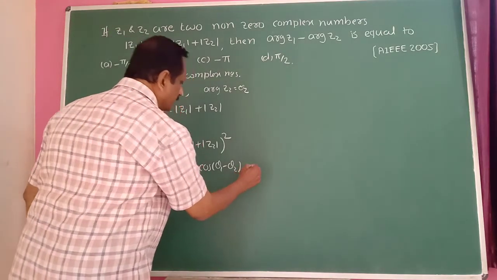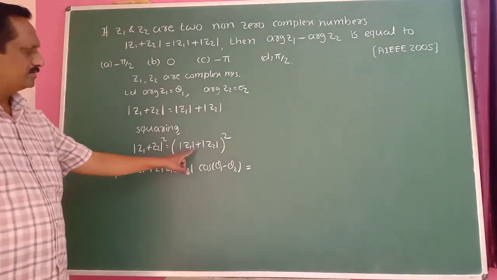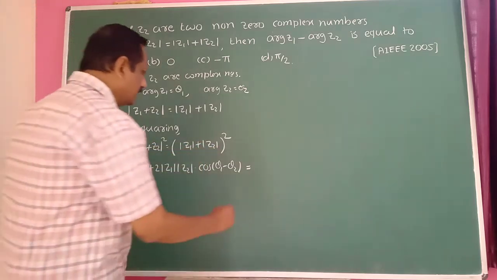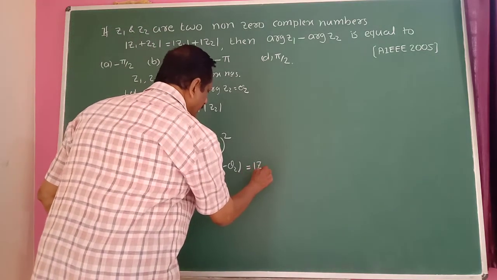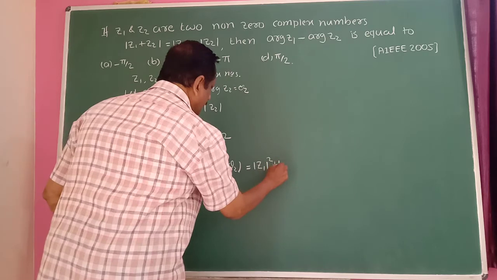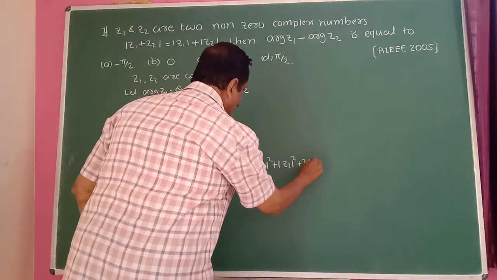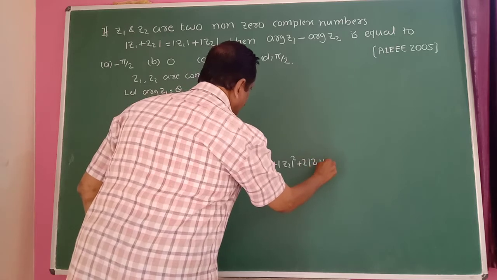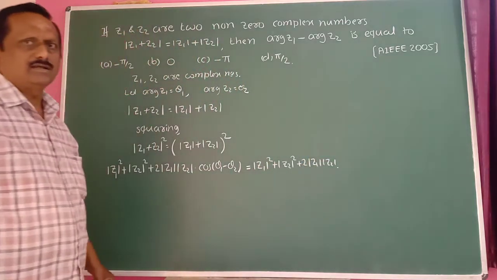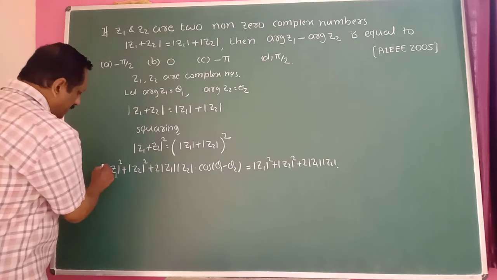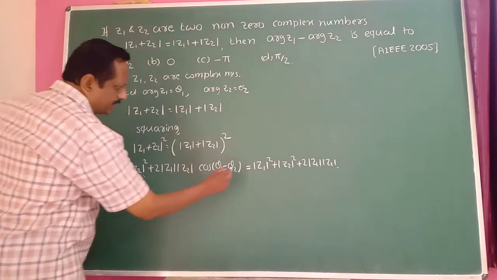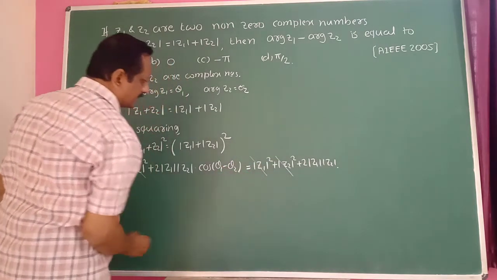And this is equal to, on the right-hand side, using the (a plus b) whole squared formula, modulus of z1 squared plus modulus of z2 squared plus 2 into modulus of z1 into modulus of z2. On the left side and right-hand side, these two terms get cancelled.